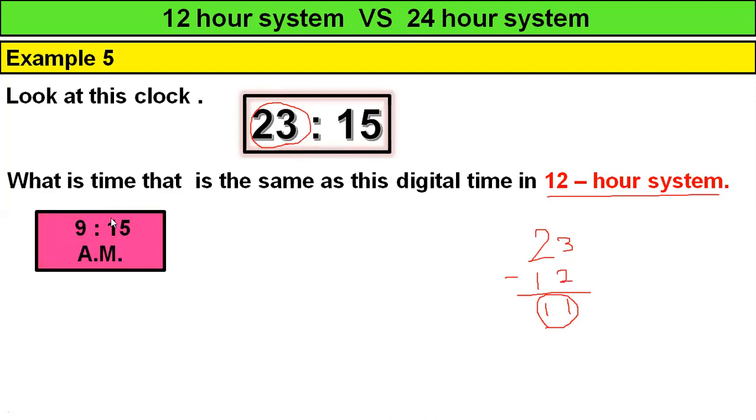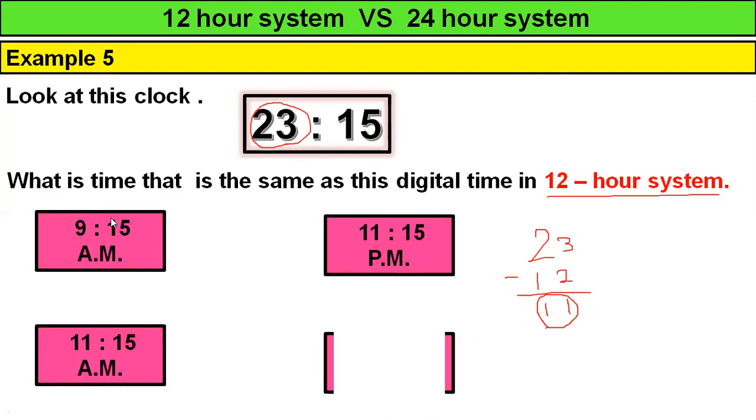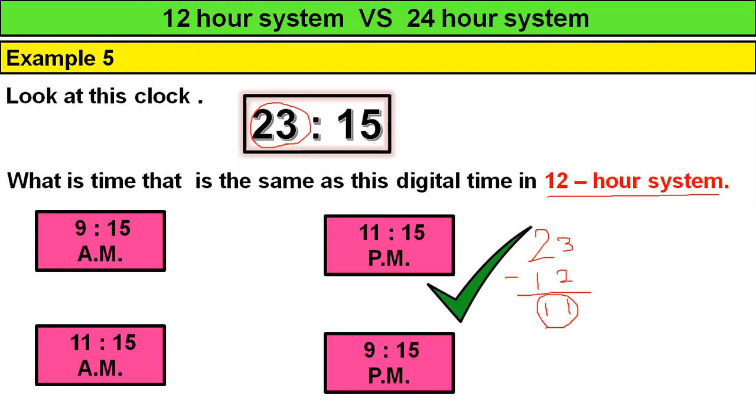It's 11 and 15. But we have two: 11:15 p.m. and 11:15 a.m. Since 23 is a very big number, it's something in the afternoon, so of course it's 11:15 p.m. So whenever you need to change times from the 24-hour system to the 12-hour system, if you have a big number, more than 12, just take away 12 from the hours and you can easily get the time.